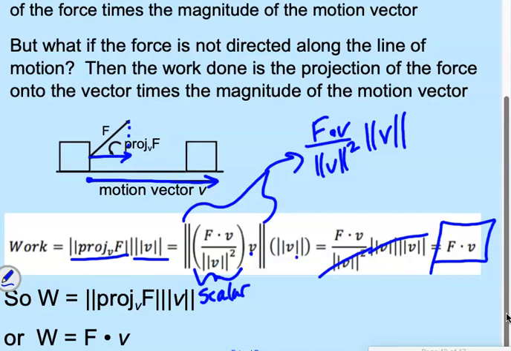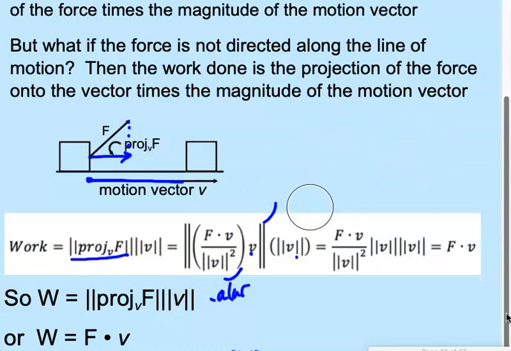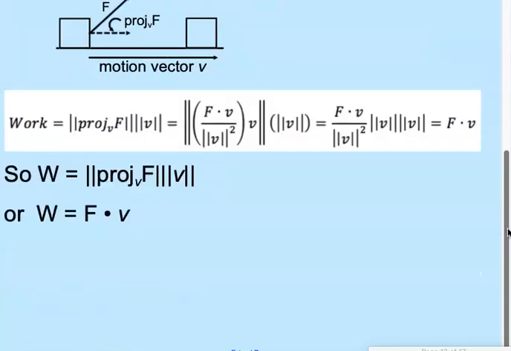All right, so it's because of projections that we can take our work formula and simplify it down to this nice, easy little dot product formula. So what is work?